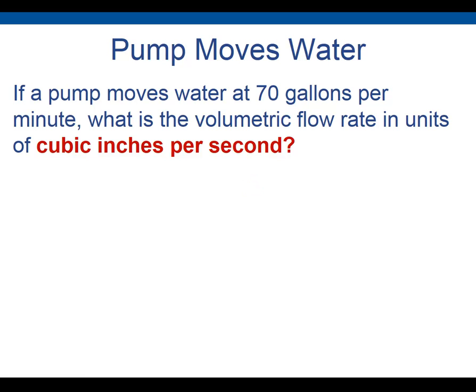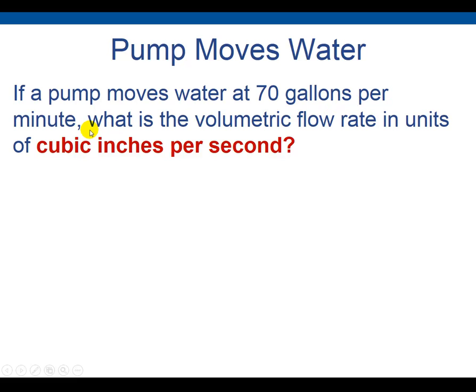Next question is a pump. Have you ever used a pump before to pull up water? Let's say there is a pump and the capacity of this pump is 70 gallons per minute.